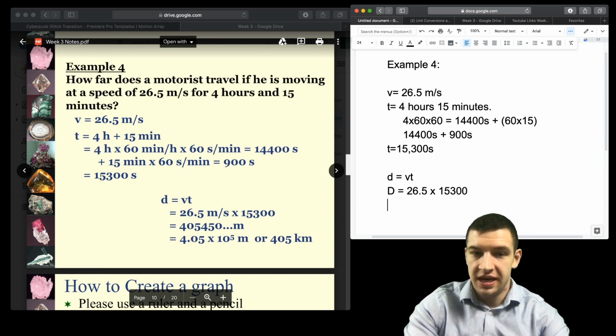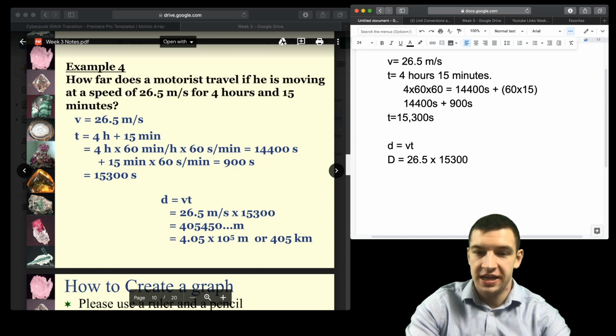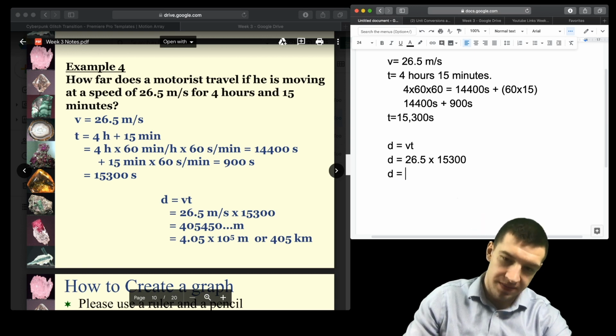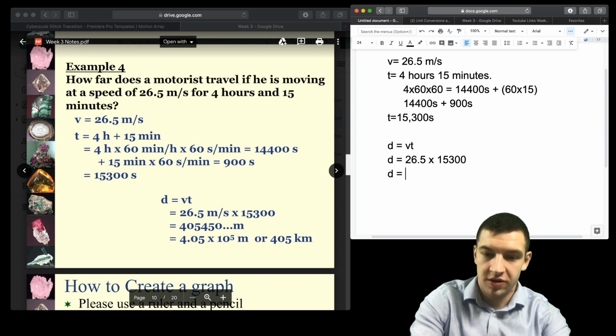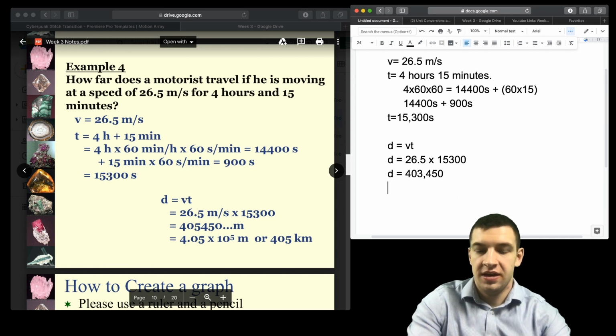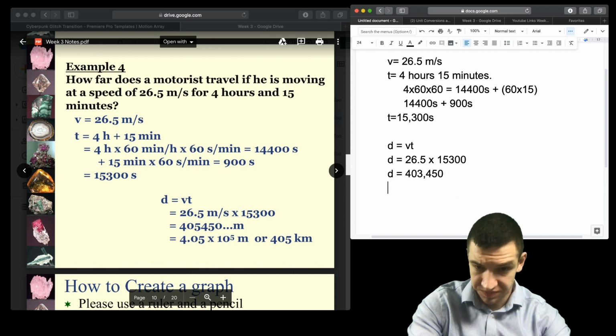You're going to get a giant number here. So that is going to be 26.5 times 15,300. You're going to get 403,450.